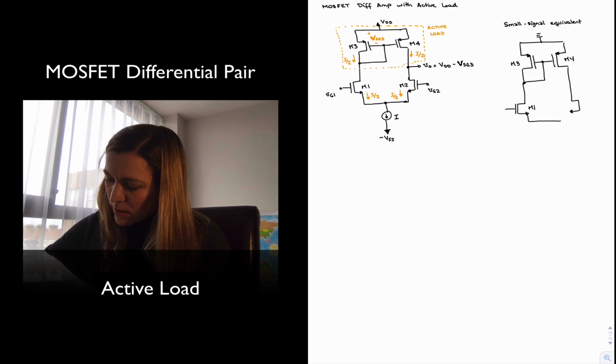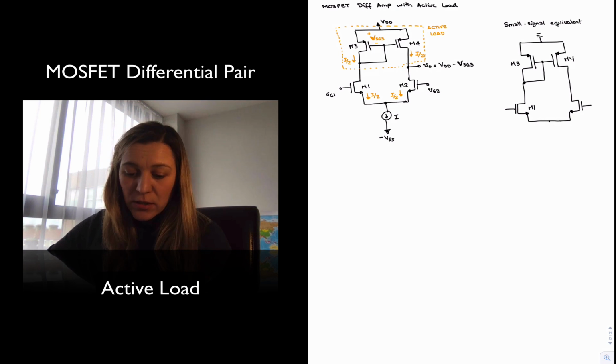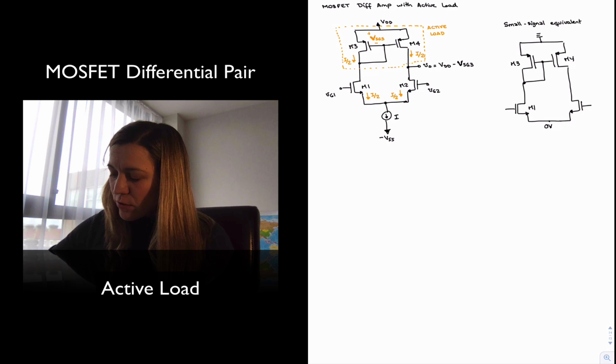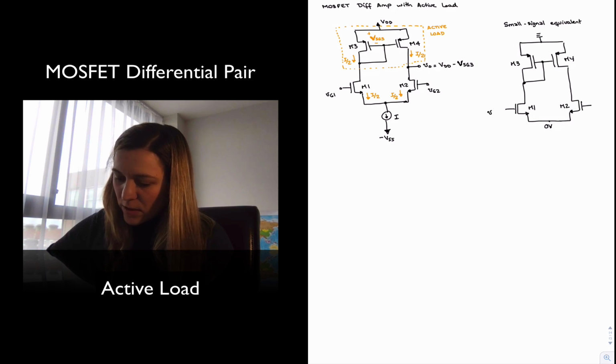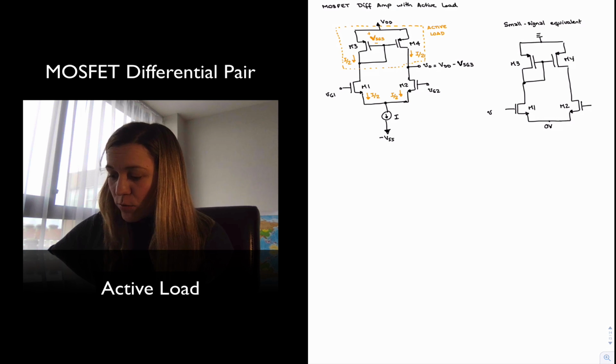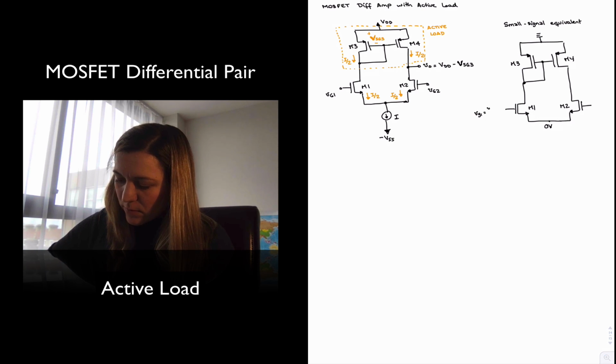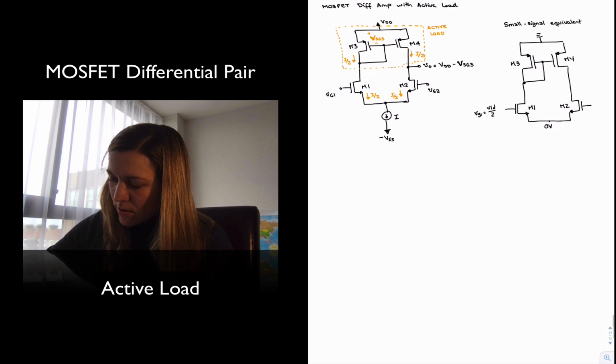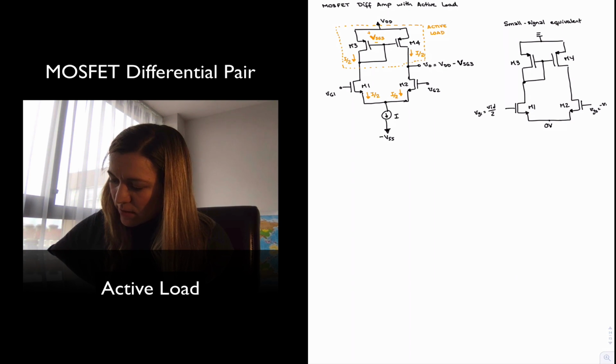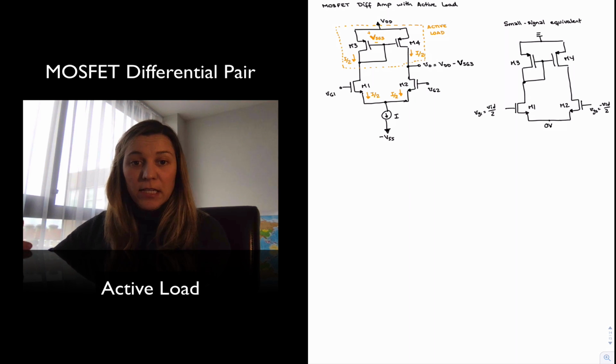Basically in my small signal equivalent, my DC current source will be an open circuit, so this will also be sitting at ground or 0 volts. Let's call the gate of M1 VG1, which is VID/2, and this is VG2, which is negative VID/2, so the small signal, if you remember.